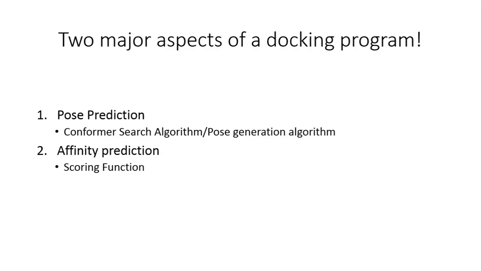So in this video, we are going to focus mainly on conformer search algorithms, the different types of conformer search algorithm, and how the poses are generated. And the last few lectures would be based on the scoring function, which would give you an idea on how we calculate the affinity of the given pose towards the receptor.